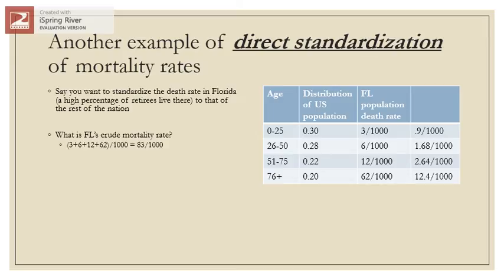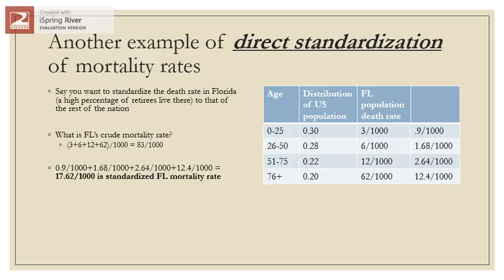And these are the death rates for each of those age strata. Strata is a category. So 3 out of 1,000 for the youngest group, 6 out of 1,000, 12 out of 1,000, and then the oldest group, not surprisingly, has a higher death rate, 62 out of 1,000. So, Florida's crude mortality rate is these numbers, 3, 6, 12, 62, all added together, divided by 1,000. So 83 out of 1,000.